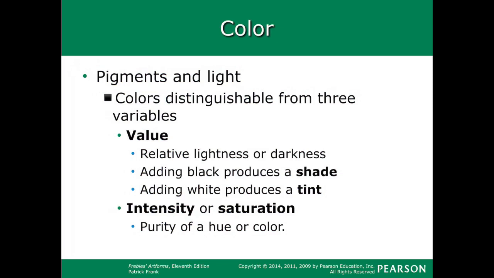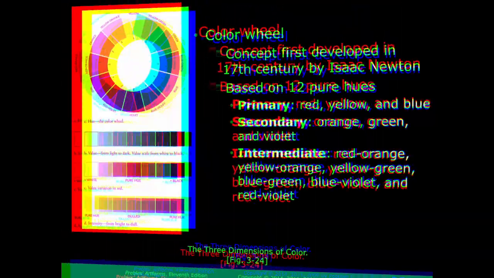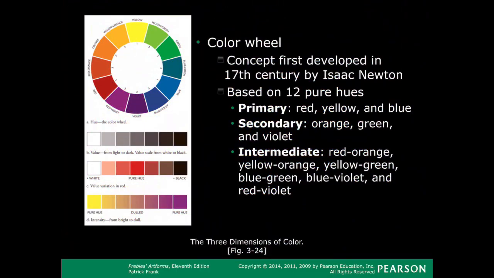There are some people that really enjoy wearing bright colors, but for the good majority, people like to play it safe. So they like to wear shades or tints or neutral colors. You'll hear intensity or saturation used a lot. It is the purity of a hue or color.